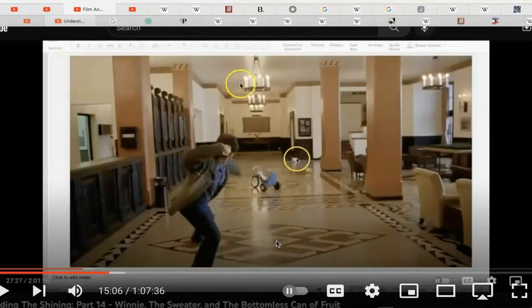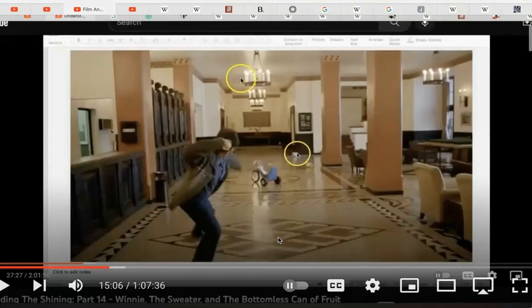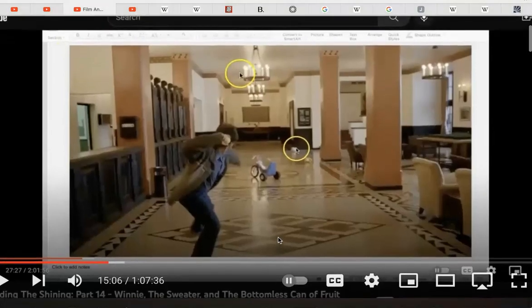He smites him. Okay? Alright? Which, is that a coincidence? Oh, I don't think so. In my heart of hearts, I do not think so.